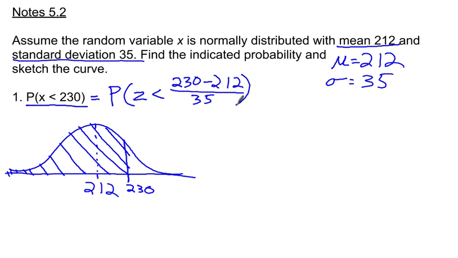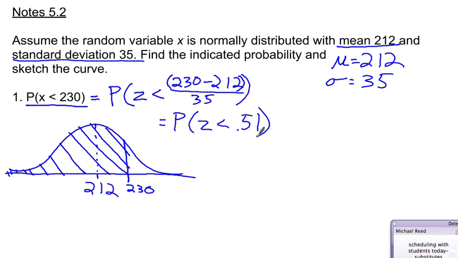So if you're using a calculator on this, just remember, if you're typing this all in at once, use parentheses around the numerator. And this comes out to a z-score of 0.51. So I rewrite my probability statement with the z-score of 0.51. Now we have a z-score, so we use the standard normal distribution. We can just do this with the table or with the calculator.